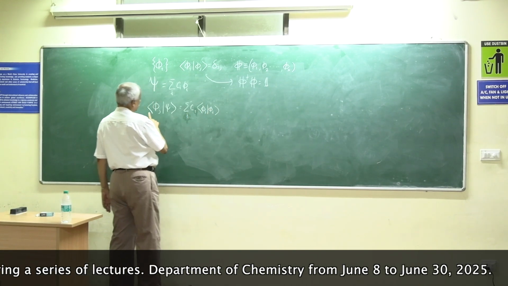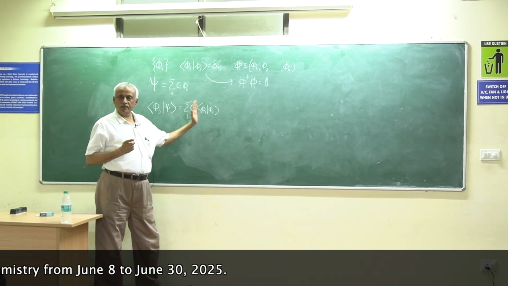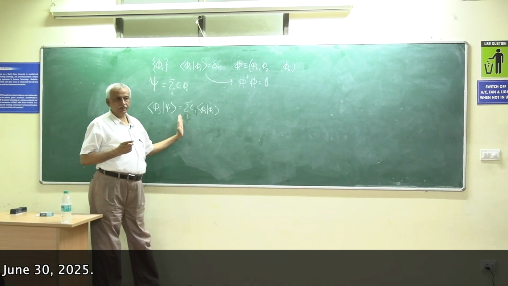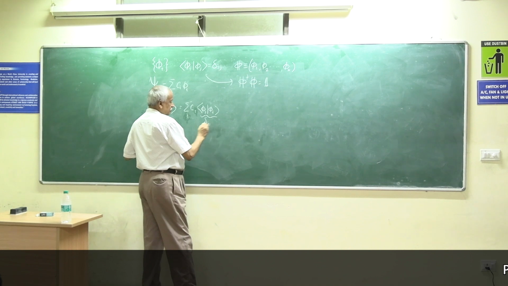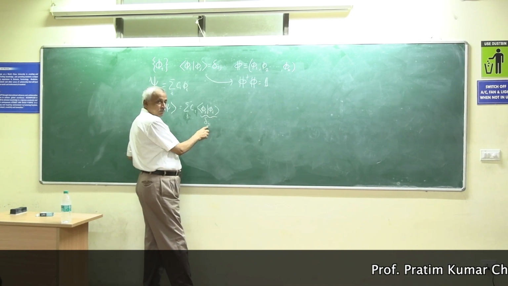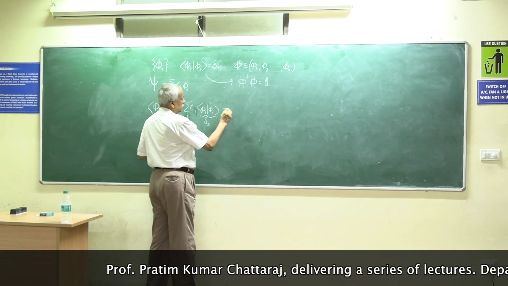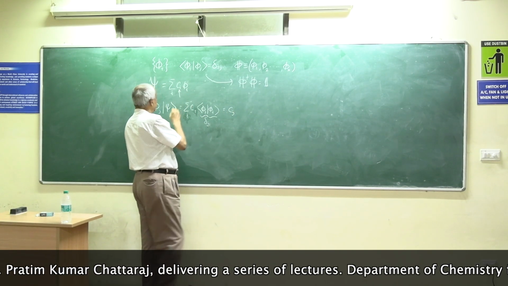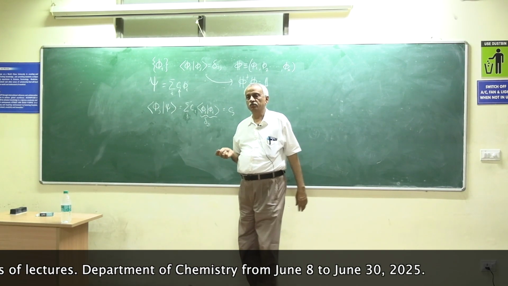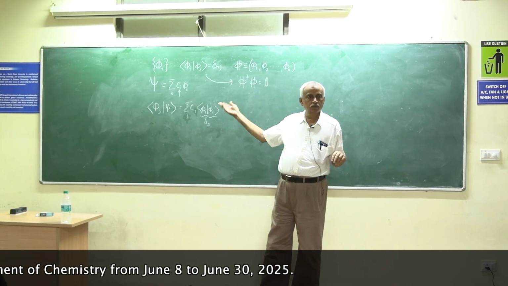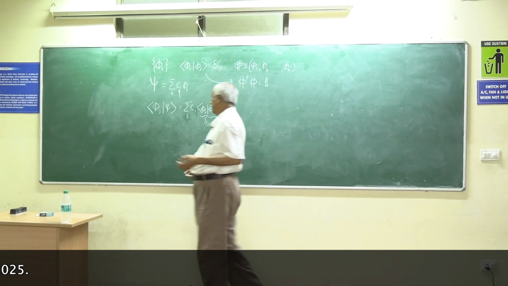So I am pre-multiplying by phi j star and then integrating. On this side, all the functions in the summation are multiplied by phi j star and integrated. But this is the Kronecker delta ji, so only when j equals i will this term survive, otherwise the rest will be 0. That means it would be Cj. So you can see the definition of these coefficients is simply written as this specific type of scalar product. These coefficients can be calculated immediately, particularly for an orthonormal basis. It is very easy to get.